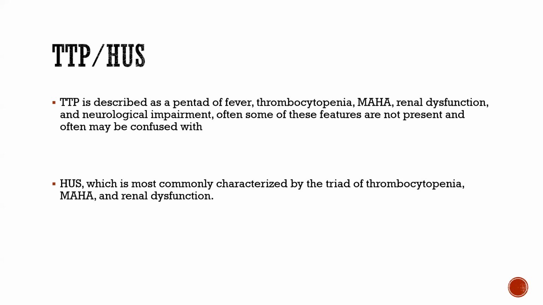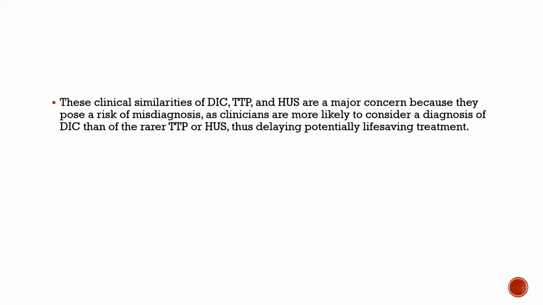TTP is described as the pentad of fever, thrombocytopenia, microangiopathic hemolytic anemia, renal dysfunction, and neurological impairment, and often some of these features are not present, and it may be confused with HUS, which is commonly characterized by the triad of thrombocytopenia, renal dysfunction, and microangiopathic hemolytic anemia.